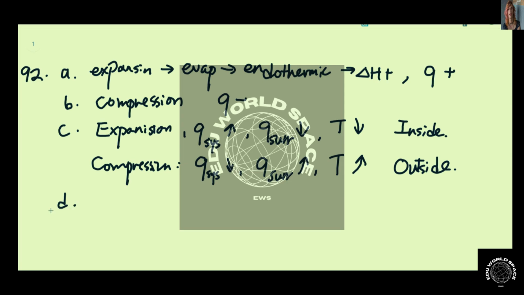Part D, imagine that a sample of liquid refrigerant undergoes expansion followed by compression. So that is back to its original state. This is asking you if it's a reversible process. So this is a no. Heat can flow reversibly between a system and its surrounding, but only if the two have an infinitely small difference in temperature.